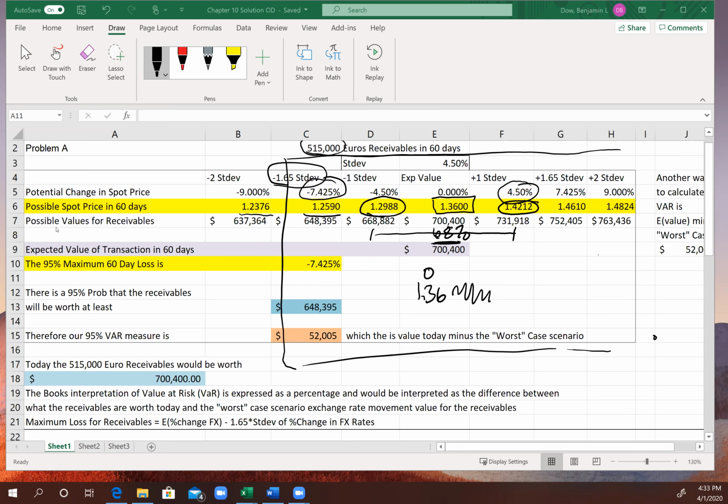So now we can see that 1.65 standard deviations is basically what gives us 95% of the observations.